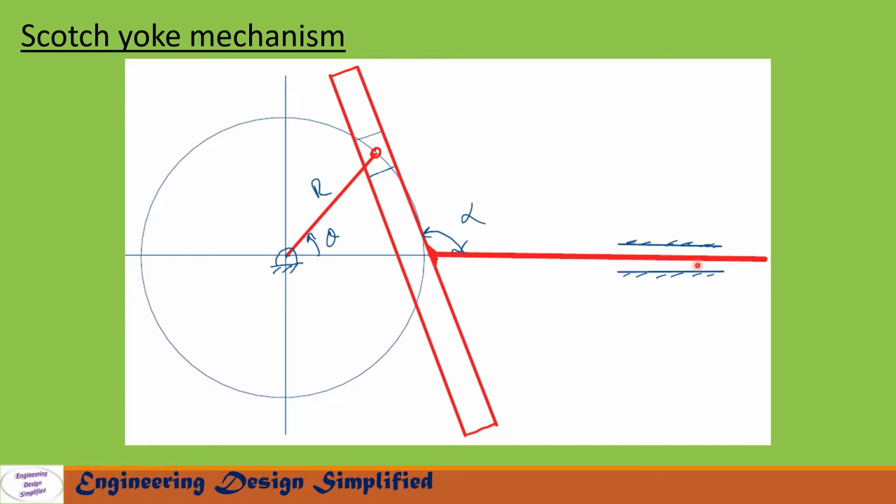And this red line is a plunger. Angle between this plunger and slider guide is alpha. So that's why it is called inclined Scotch yoke mechanism. As the crank rotates counterclockwise, this slider slides through this slider guide that makes this plunger to move to and fro. Let us see in the coming slides how to derive equations.